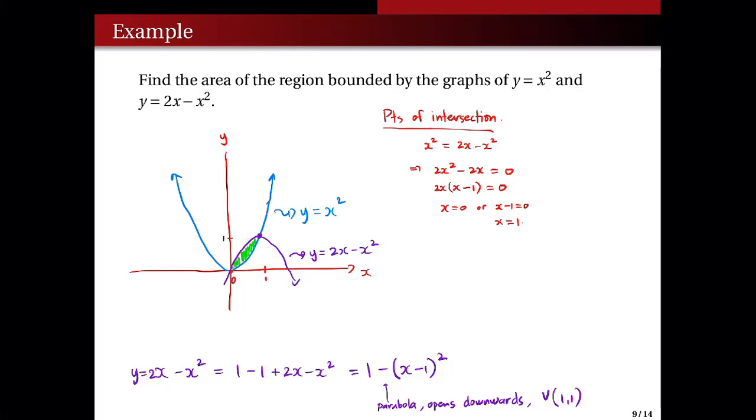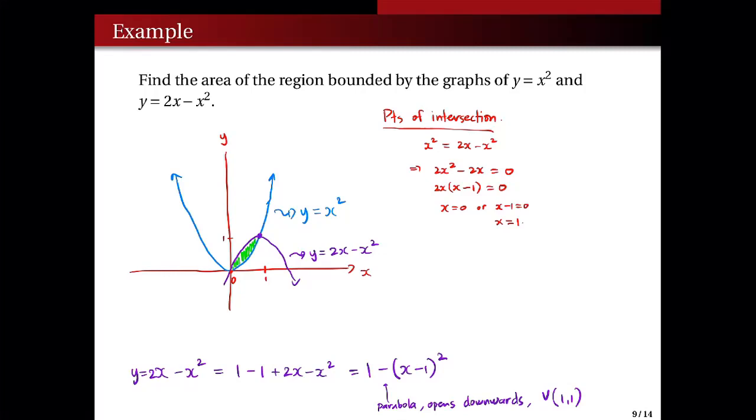Now, your functions are written as y equals x squared and y equals 2x minus x squared, so y in terms of x. According to the hint that I gave you in the suggested steps, when your functions are written as y in terms of x, the variable of integration will be x, and the approximating rectangles will be vertical.